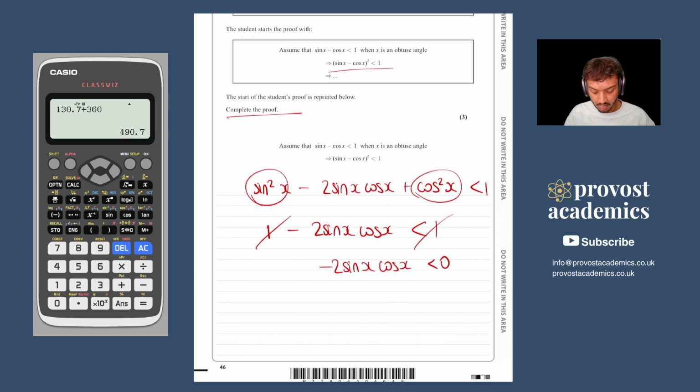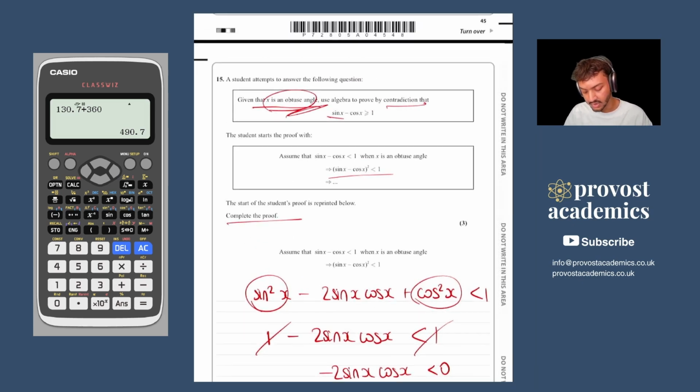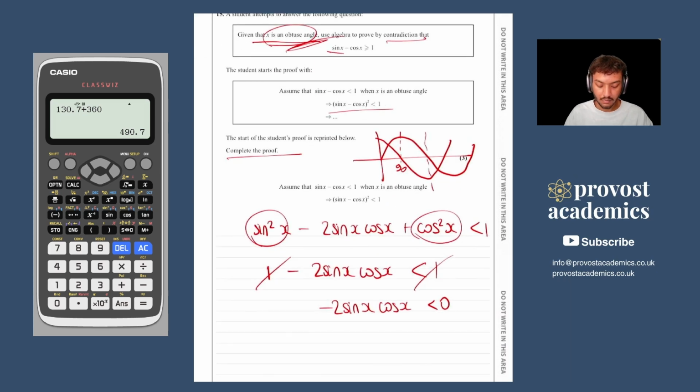Here, the most important part of the question is that it's an obtuse angle, meaning greater than 90. If we sketch the graphs, so this is 90, we can clearly see that between 90 and 180, sine is positive, whereas cos is negative.